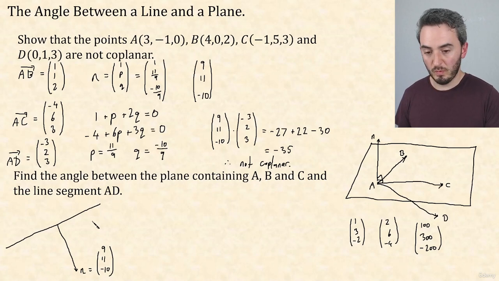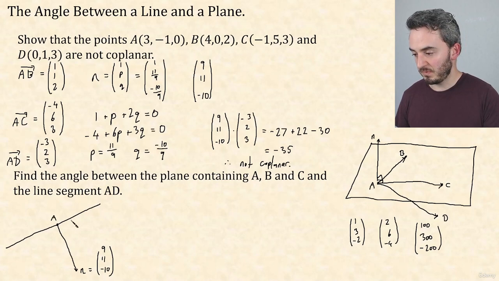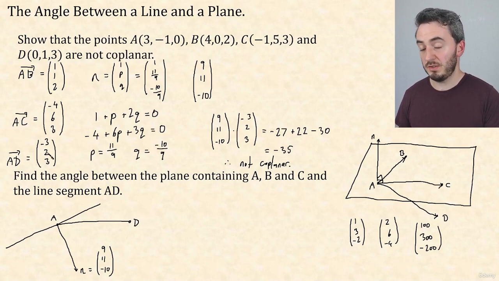And now we're considering the line segment AD. So let's say this is the point A, and this is the point D over here. We know that this vector is 3, 2, 3. So we're going to find the angle between the normal and AD. So that theta there, and we'll do 90 minus that.